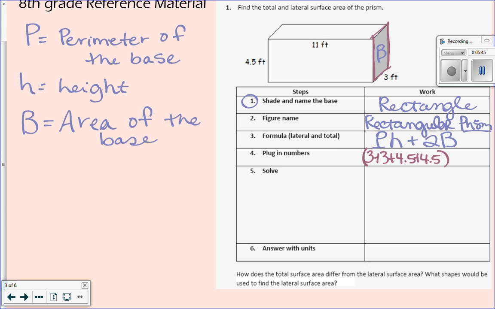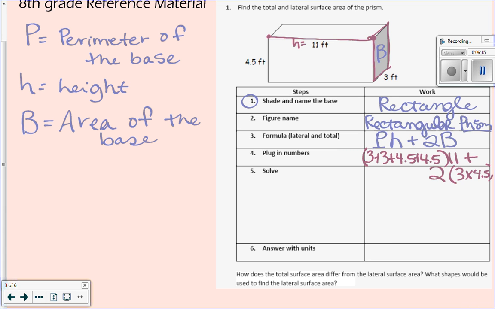And then height. We didn't label our height. What's our height? It's 11. Remember, it connects your 2 bases. Times 11. Plus 2 times the area of the base, which is what? 3 times 4.5, right? Are we good with that?